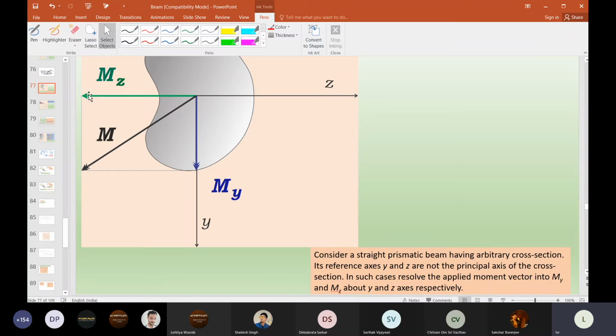But to find that out, I have taken the component along the z-axis and the component along the y-axis. So we will have curvature along the y-axis and curvature along the z-axis. Okay, sir. Got it.